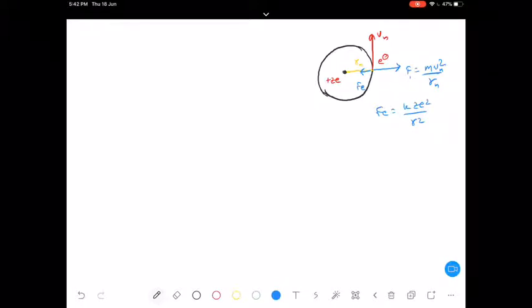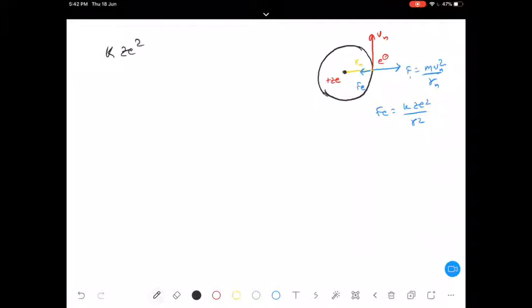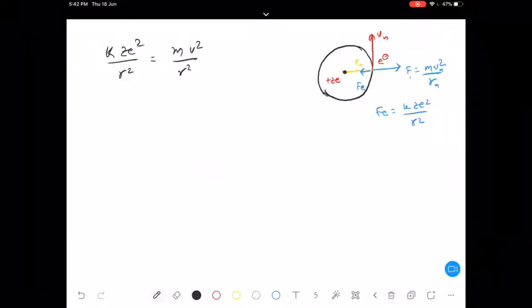So according to the first postulate, this electron will be revolving around the nucleus in a stationary orbit, and with the help of the third postulate we can easily say that the radial forces are balanced, which means kZe square by r square will be mv square by r.